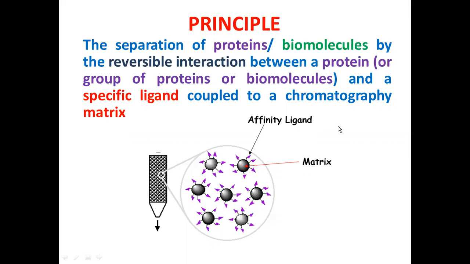So, the separation of proteins or biomolecules occurs by the reversible interaction between the protein and the ligand. We must not expect any interaction between the protein and the matrix. However, the matrix should be very appropriately chosen. If the matrix is not appropriately chosen, the success of the separation is going to be impaired.